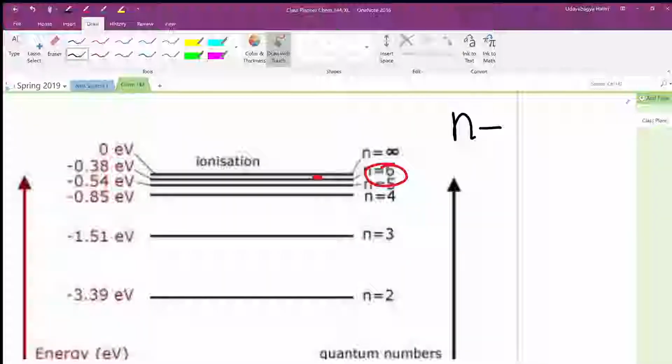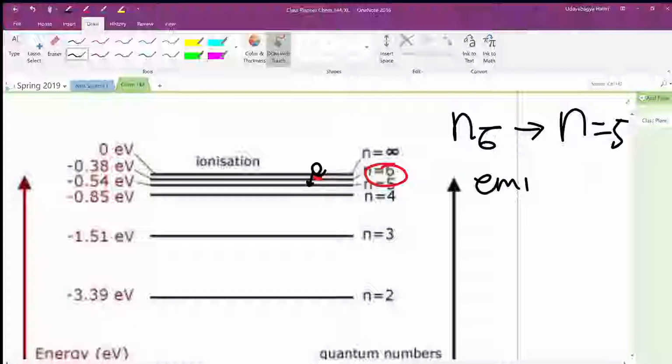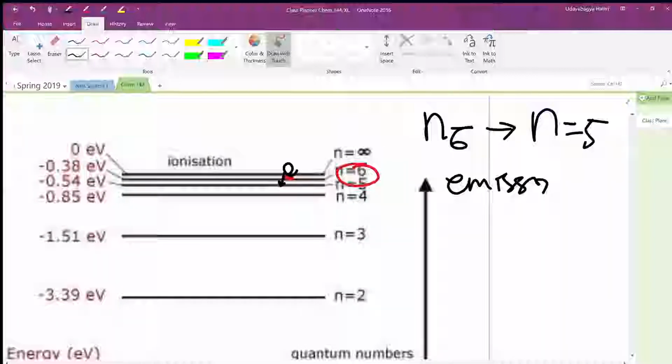So if we have this energy transition, the electron is right here and it goes down in energy, then we have an emission. And the emission will produce a photon with an energy equal to the difference between these two states.